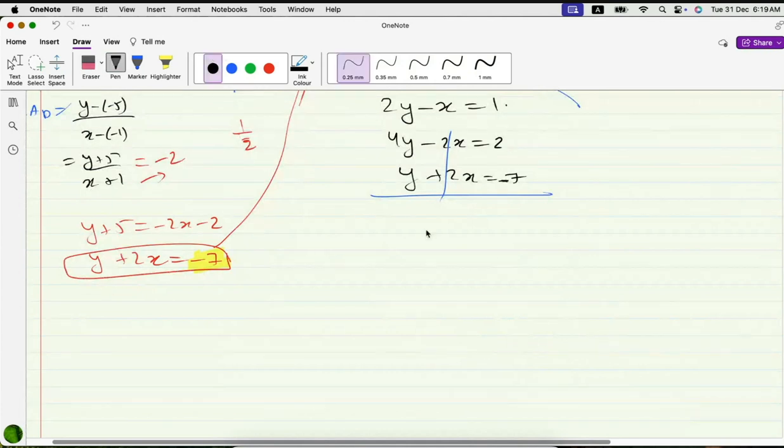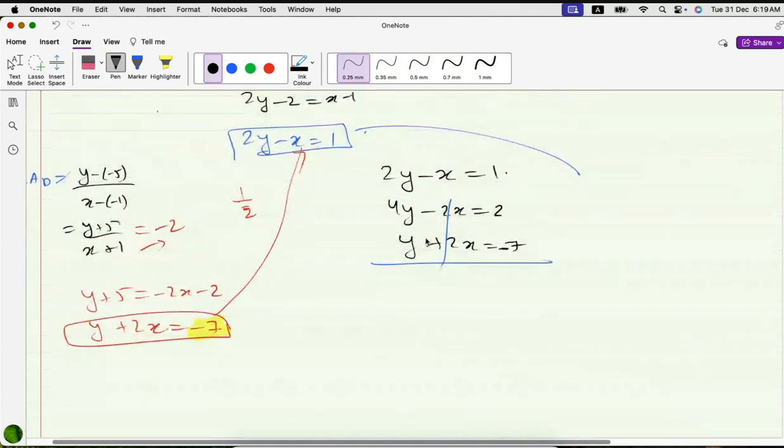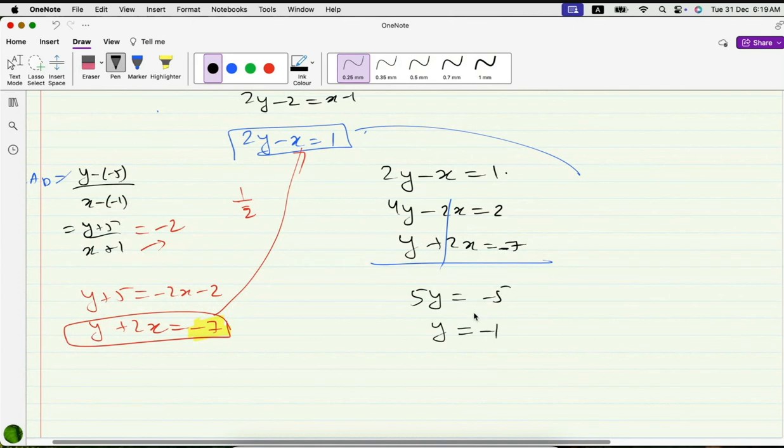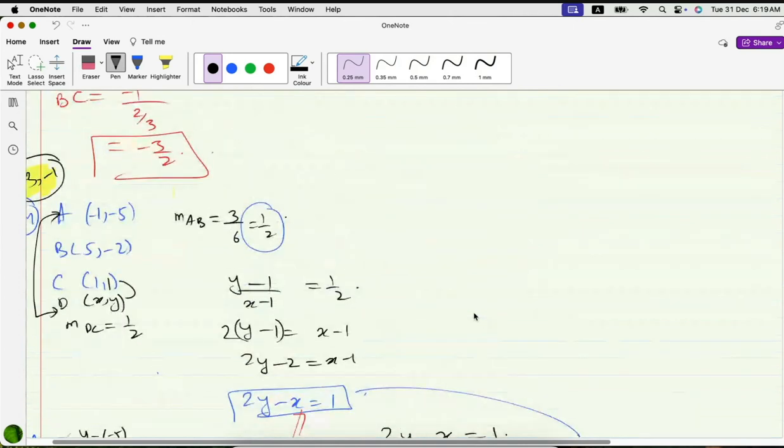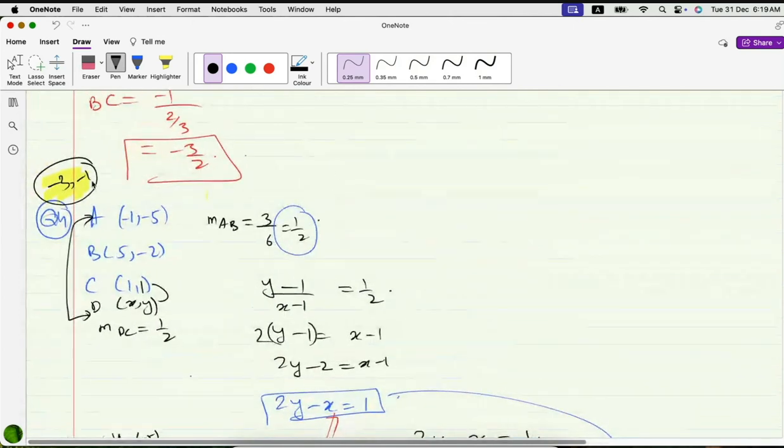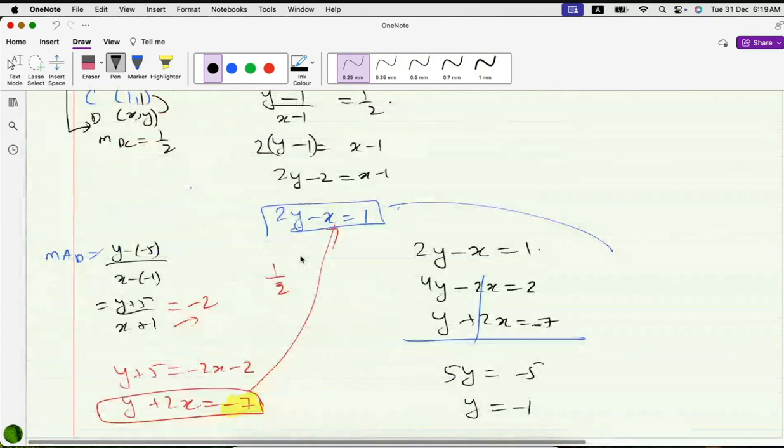Everything was correct, the concept is correct, just copying the negative sign. So now 5y is equal to minus 5, so y is equal to minus 1.